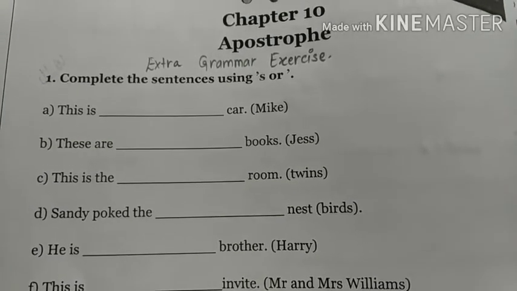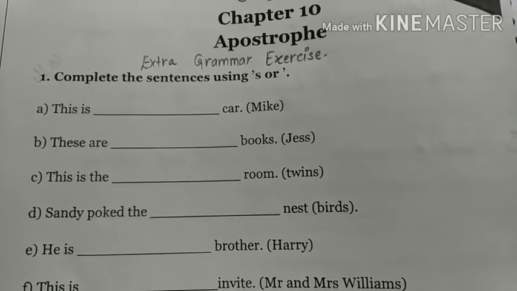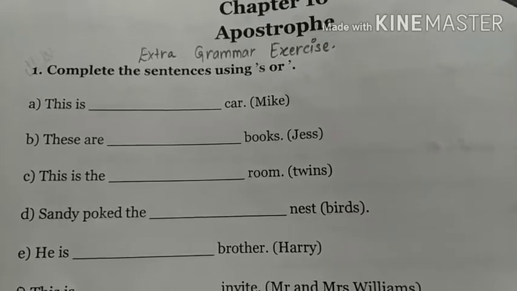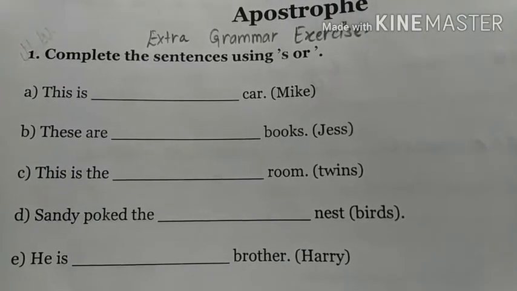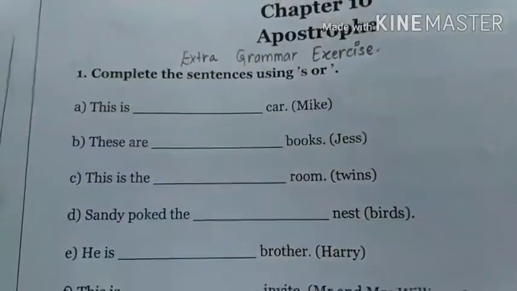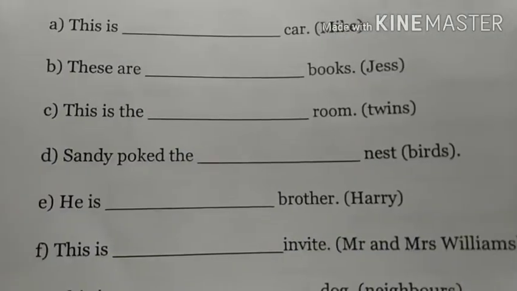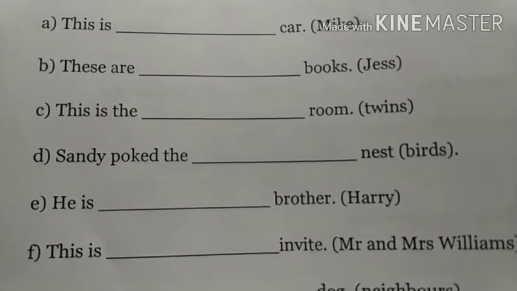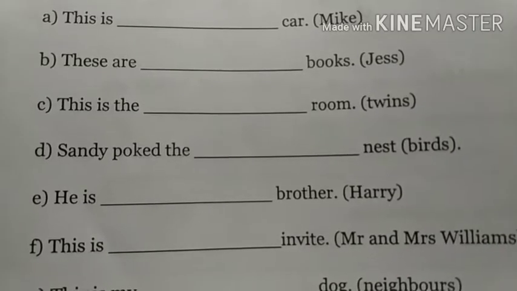Question number 1 done. Now come to question number 2. These are dash books. And in bracket write it down Jess, J-E-S-S.